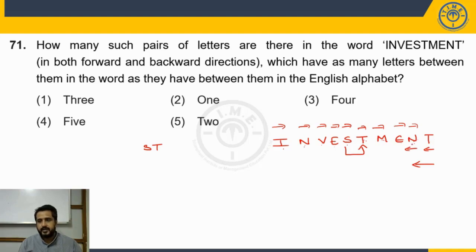Now start with the N. N, O, P, Q, R, S, T, U, V. No. Start with E. E, F, G, H, I, J, K, L. No. Start with M. M, N, O, P, Q, R, S. No. Start with T. T, U, V, W, X, Y. No. Start with S. S, T, U, V, W. No. Start with E. E, F, G, H. No. V, W, X. N, O. No. There is only one such pair. Choice 2. And that pair is ST.